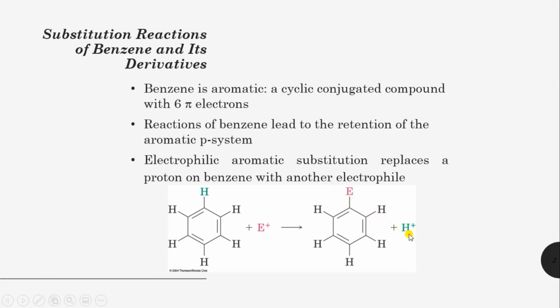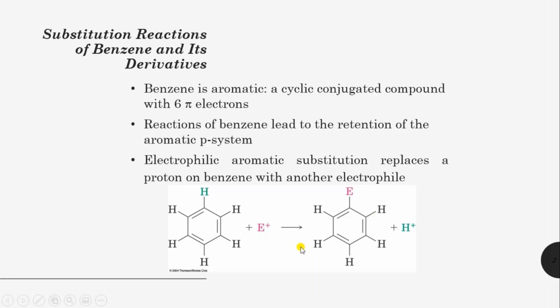Normally, you know that the aromatic character, the conjugation or the aromaticity, is the most stabilizing factor for the benzene ring. So any reaction that sacrifices the aromaticity of benzene will occur only under very special conditions.